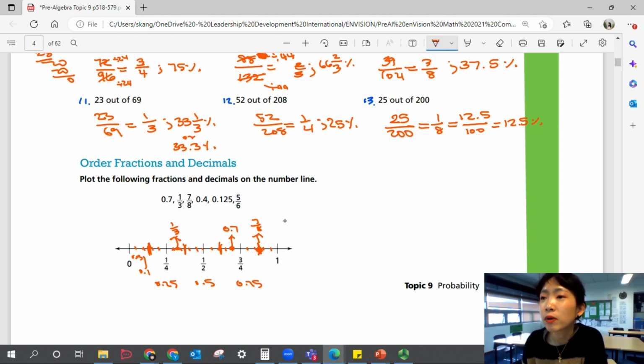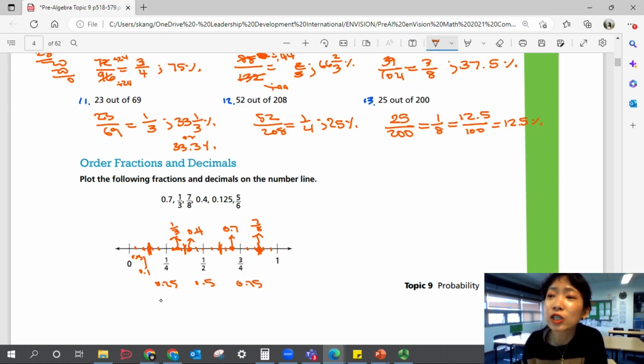Okay, and then 0.4 goes, you can count your decimals. That's 0.1, 0.2, 0.3, and 0.4. Okay, keep track of your check marks. And then 0.125, so 12.5%. 0.1 is here, 0.2 is here, and the middle is 0.125 exactly, because 0.125 is half of 0.25.